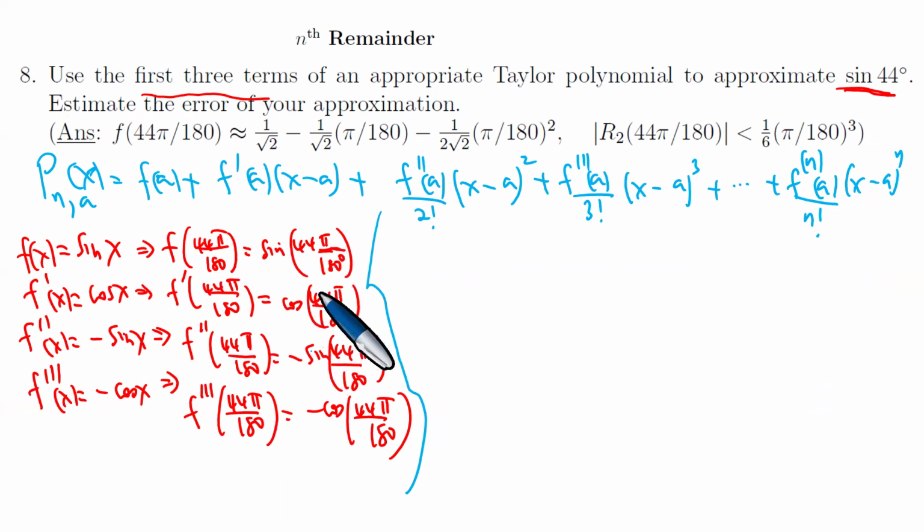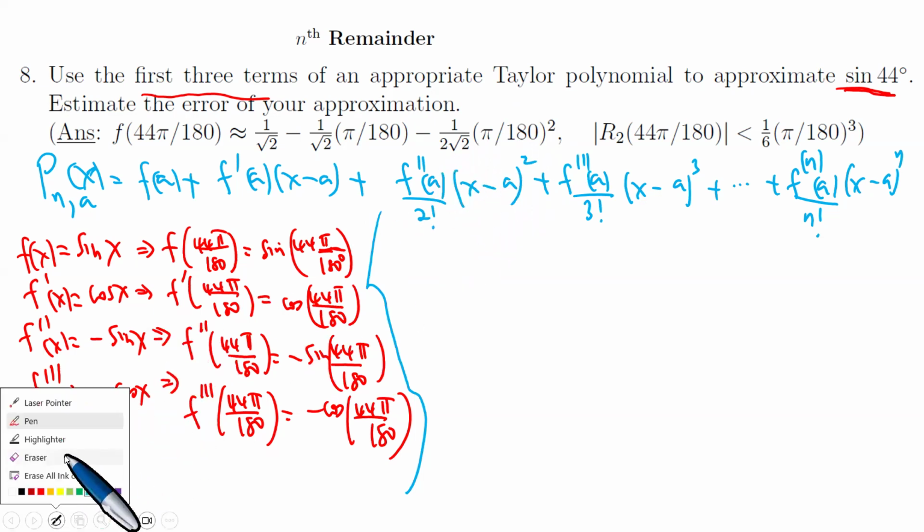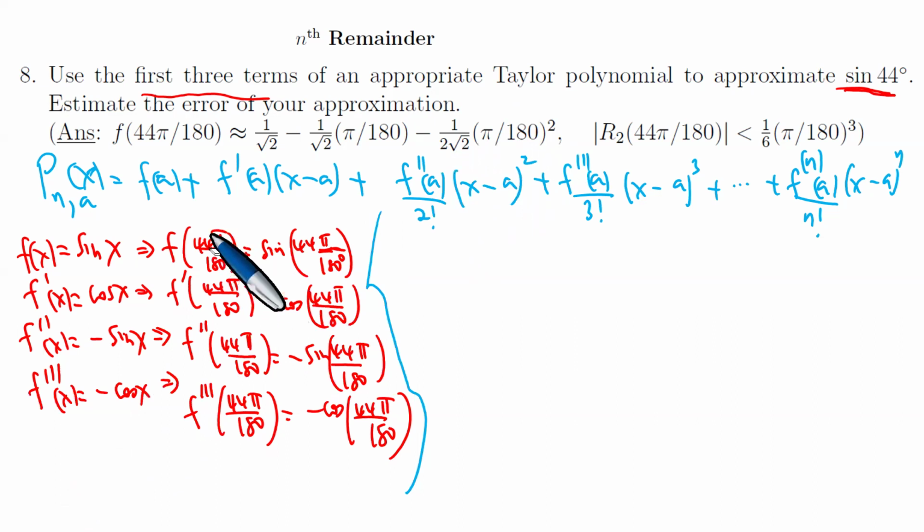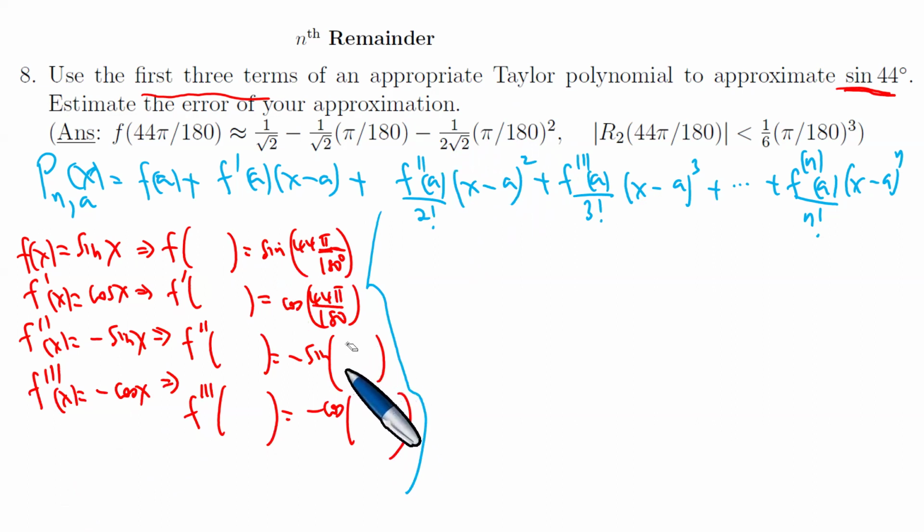But you can see that now these are not very nice numbers. Since these are not very nice numbers, you can do this about pi over 4, because this one is just an estimation.